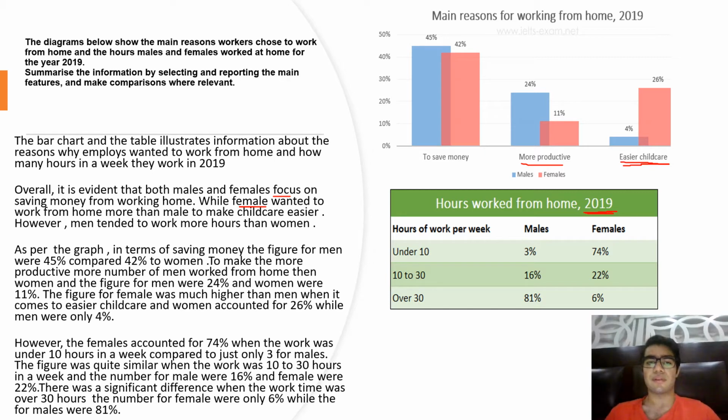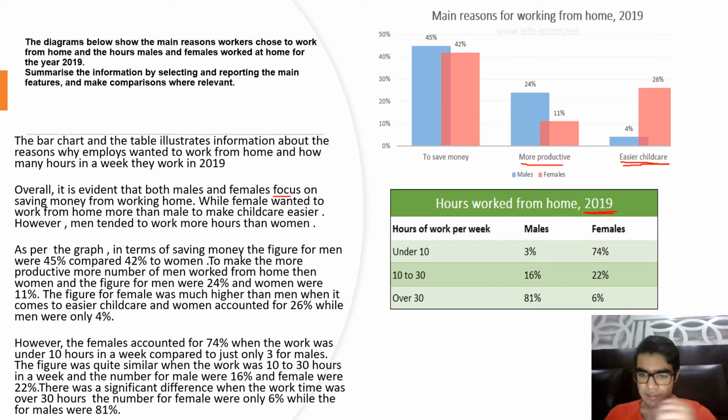If you're starting with something like while female wanted to work from home, this is a complex sentence, so after more than males, you should put a comma over here. So you could say something like this: females wanted to work from home more than males, because it allows an easier childcare.